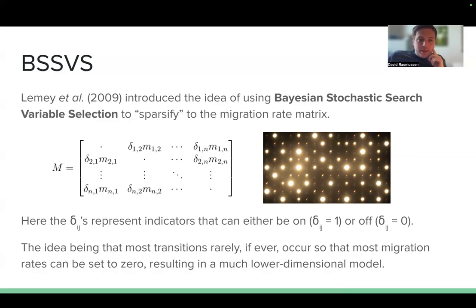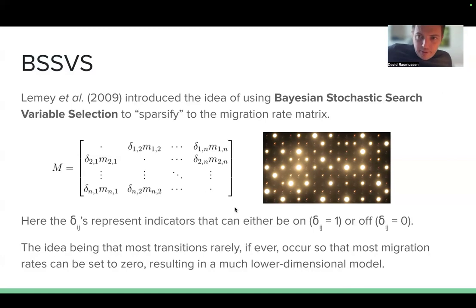And the way that we do that is in front of each rate parameter, the m's in the model, we put a dummy or indicator variable, which I'll call delta ij, where the i and j correspond to the corresponding migration rate. So delta 1,2 corresponds to the migration rate between populations 1 and 2.